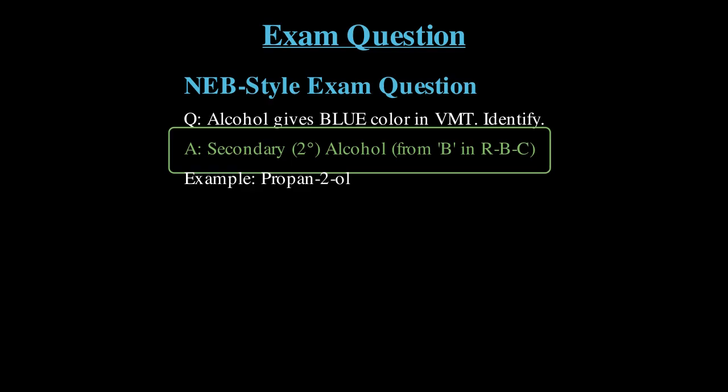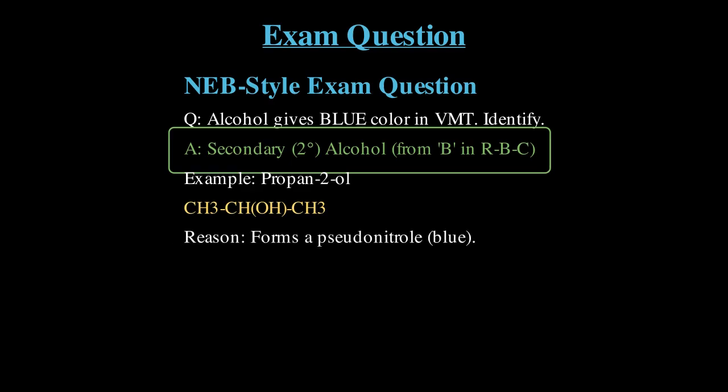Another is butan-2-ol. Third, we explain why it's blue. The secondary nitroalkane has one alpha hydrogen, which reacts with nitrous acid to form a pseudonitrol intermediate. That intermediate gives a blue color in base. Final answer, secondary alcohol, example propan-2-ol.